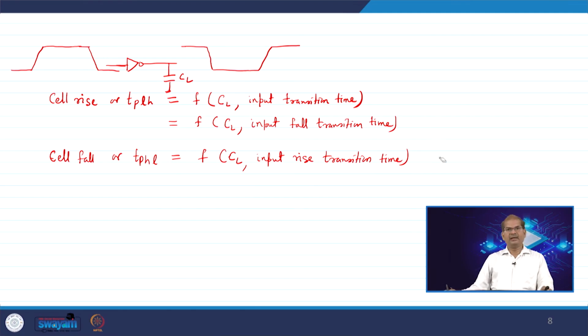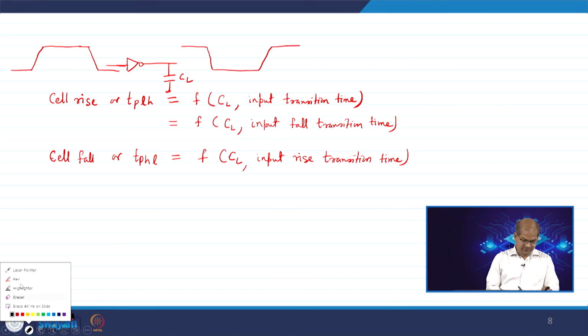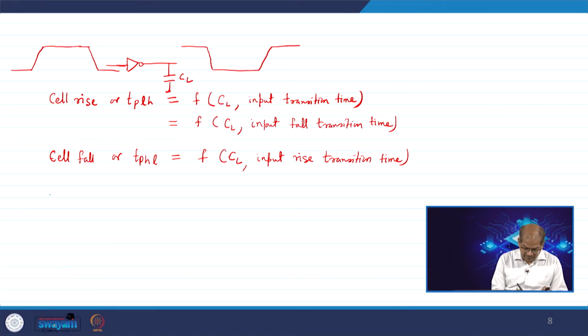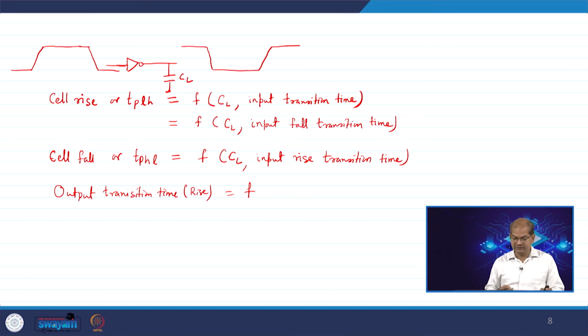Then we also need your output transition time. Let us say the output rise transition time is a function of CL; whatever we are discussing is for an inverting gate, and things will change for a non-inverting gate.